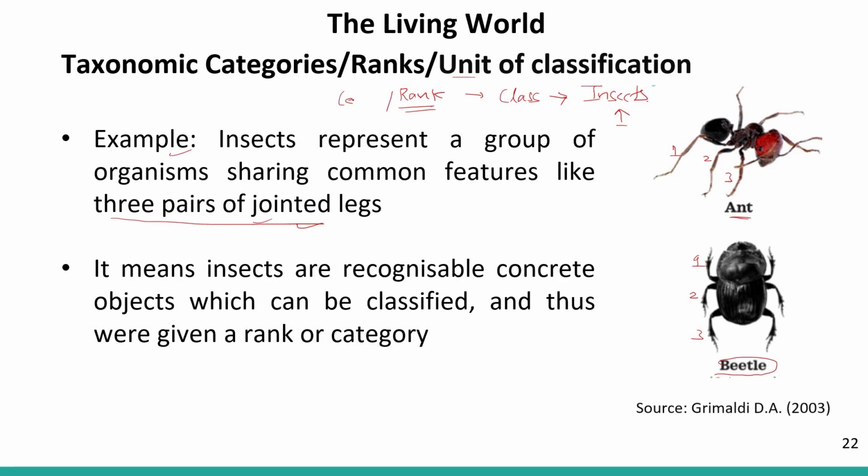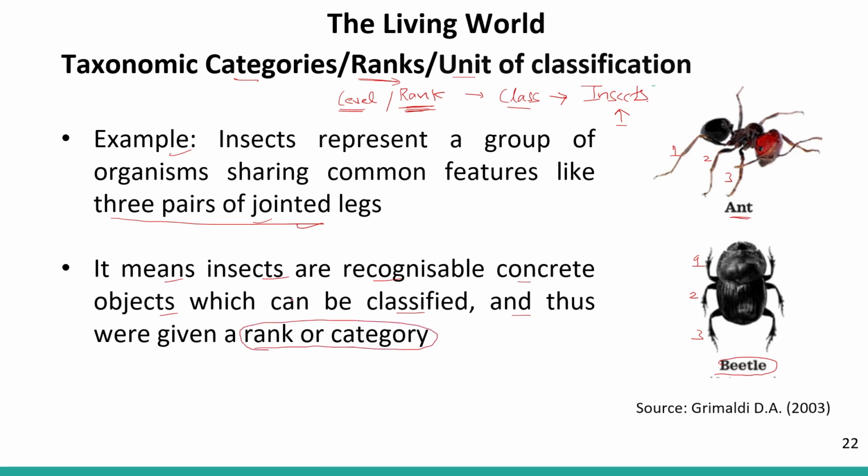A level has been set. That's why you also call taxonomic categories ranks, because a ranking system is there now. It has been given the name of the class. It means insects are recognizable concrete objects which can be classified and thus were given a rank or category.